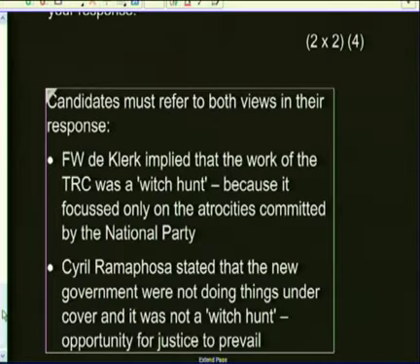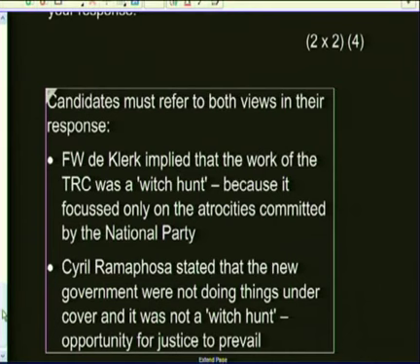Now, if you look at the answer, F.W. de Klerk implied that the work of the TRC was a witch hunt because it only focused on the atrocities committed by the National Party. It didn't look at the other side or all sides. It only looked at one side. And then when you look at Cyril Ramaphosa, who was representing the ANC, he stated that the new government was not doing things undercover and that it was not a witch hunt.